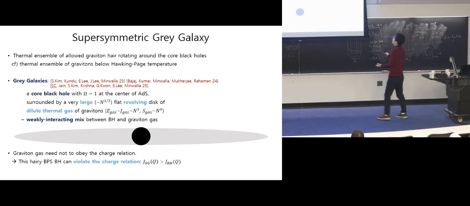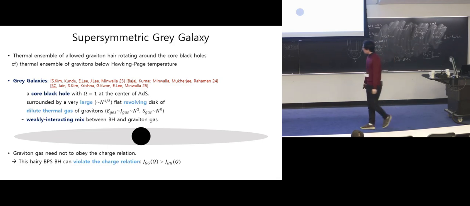But still, the entropy of the rotating hair is negligible. So all the entropy is carried by the core black holes, but the charges are distributed between black holes and the gas. In this way, we can construct a weakly interacting mix between black holes and graviton gas, which we call gray galaxies.